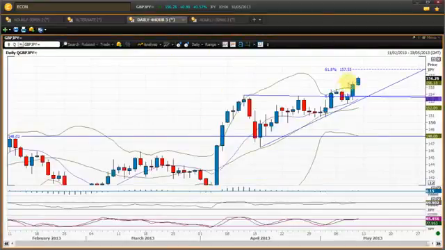Flipping back to the daily chart, let's look at where this line comes in as time goes by. I probably wouldn't expect it to come anywhere near this level today. It comes in at 153, but as time goes by and we go past this triangle, it's important, we'll be getting up to 154. So the trend is to the upside.